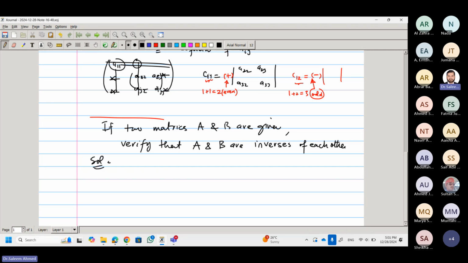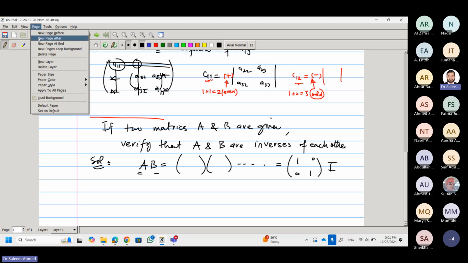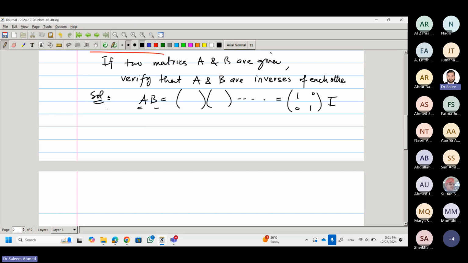Then what will be the solution? Just multiply A with B. Two matrices are given, multiply A, B, right? You will get the identity matrix 1, 0, 0, 1, etc. It will be identity, depends on the order of A and B. If they are 3 by 3, you will get 3 by 3 identity matrix. If they are 2 by 2, you will get 2 by 2 identity matrix. Similarly, multiply B with A. And you will simplify, you will see that this will also become identity.